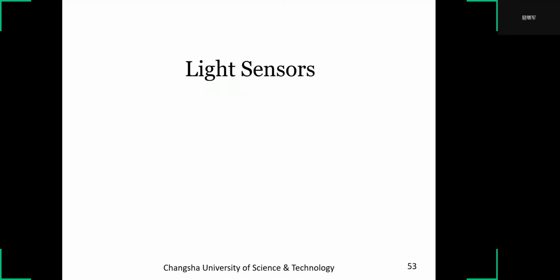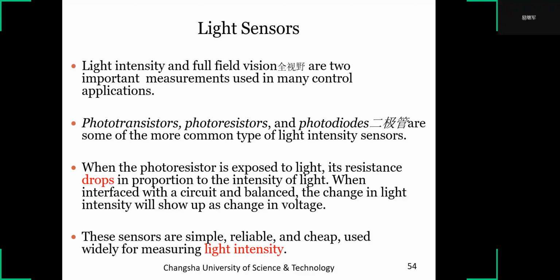Next, light sensor. Light intensity and the field and region. Full field region are two important measurements used in many control applications.